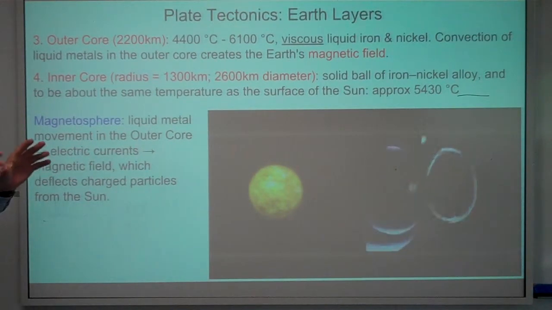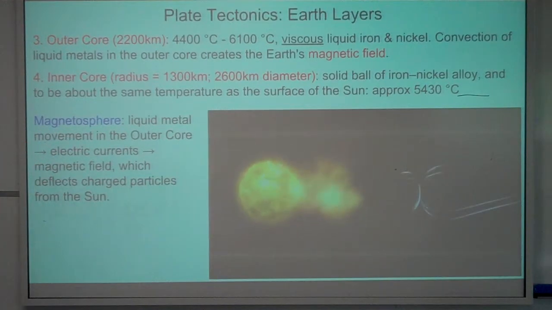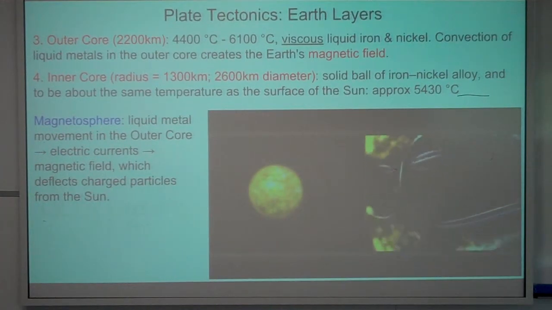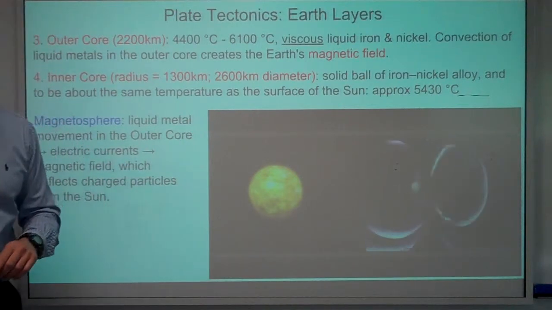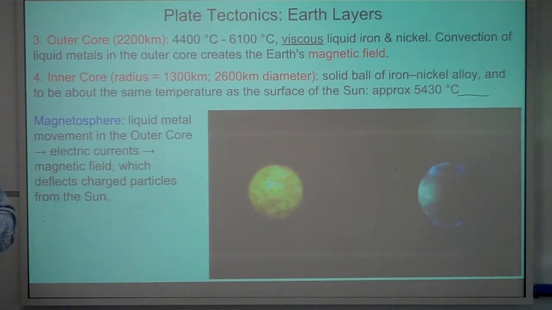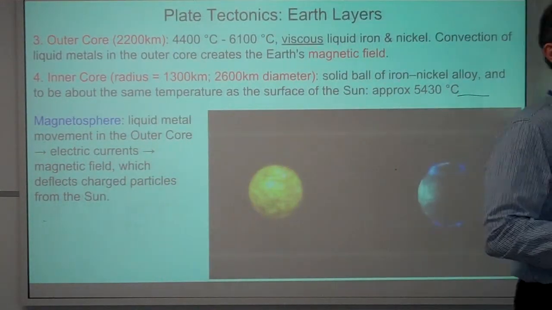Now, you're not tested on magnetic field and magnetosphere. Note the magnetosphere is blue. We don't test you on that, but the magnetosphere is something you should be aware of because it's keeping us alive. So the sun every so often will burp out enormous amounts of charged particles, and if you were exposed to those, you would die. But what happens with those charged particles? They hit the magnetic sphere.